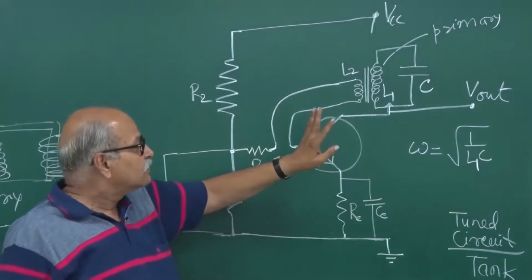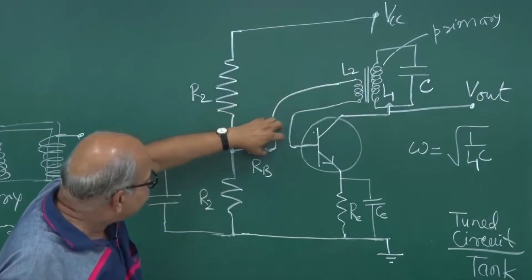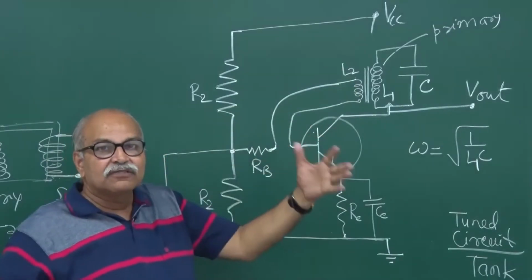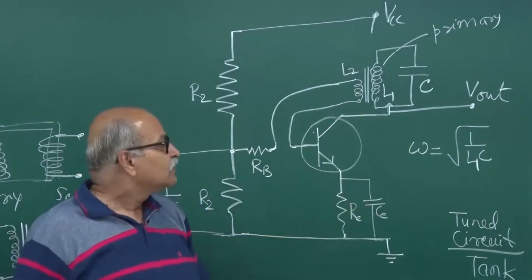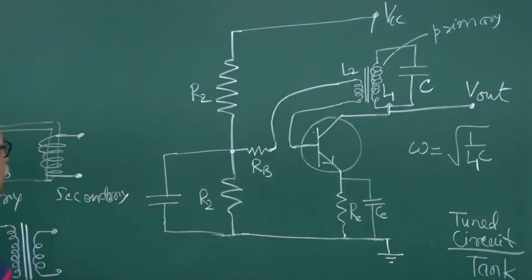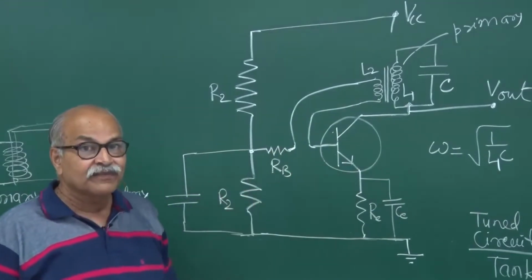So that is how that tuned circuit, and this is that feedback network, feedback circuit, and this is that amplifier. So all those three blocks in the diagram are implemented in this fashion. And how do we ensure that the phases are correct? Okay.